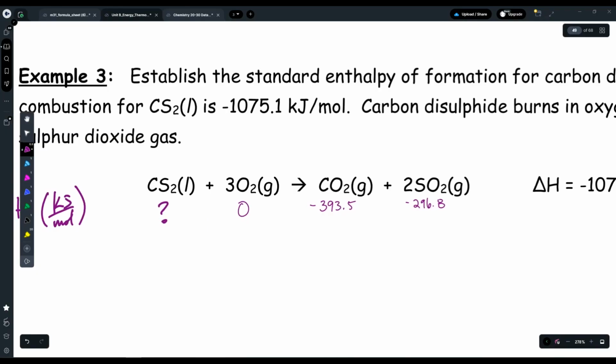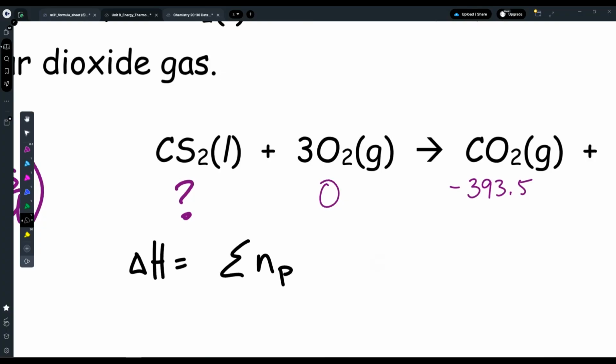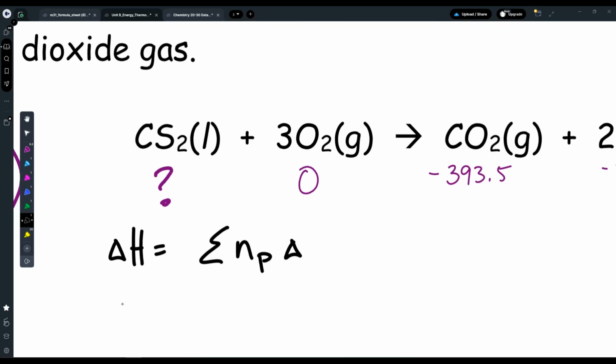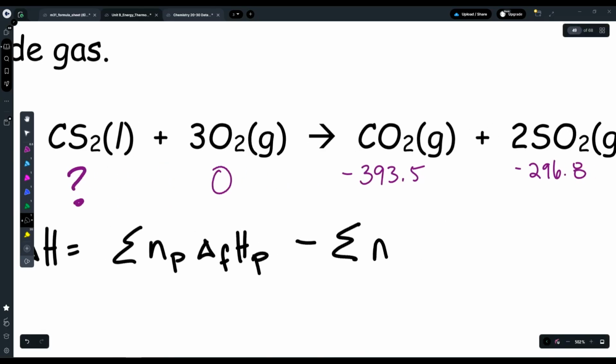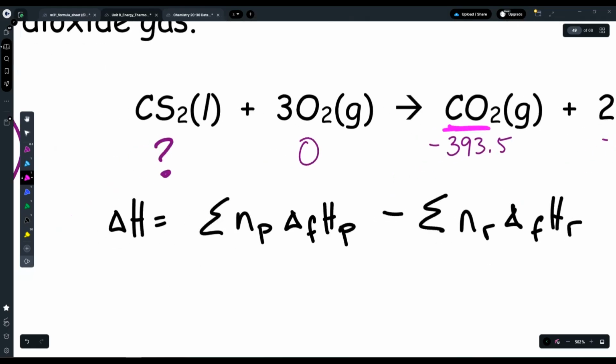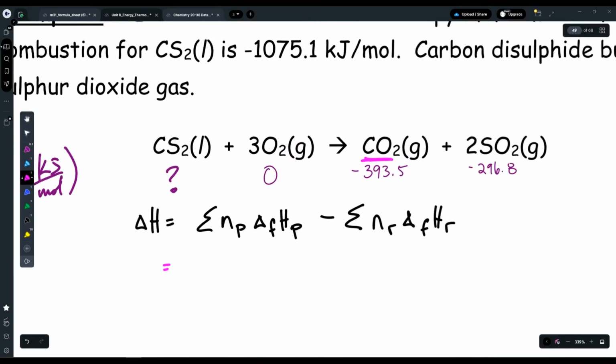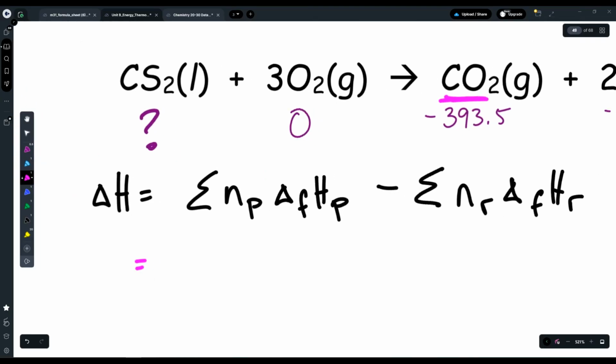Alrighty, so let's start out with Hess's law. So products minus reactants. Alright, so pink is for carbon dioxide. Now, our chemical equation's already balanced for us, so that's why I haven't said much about it.